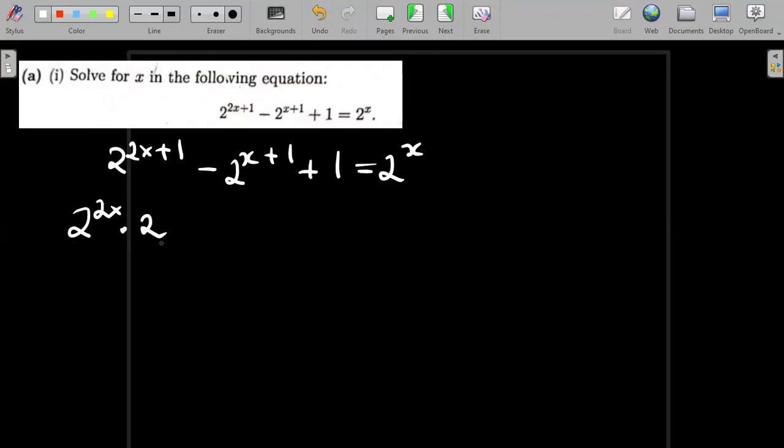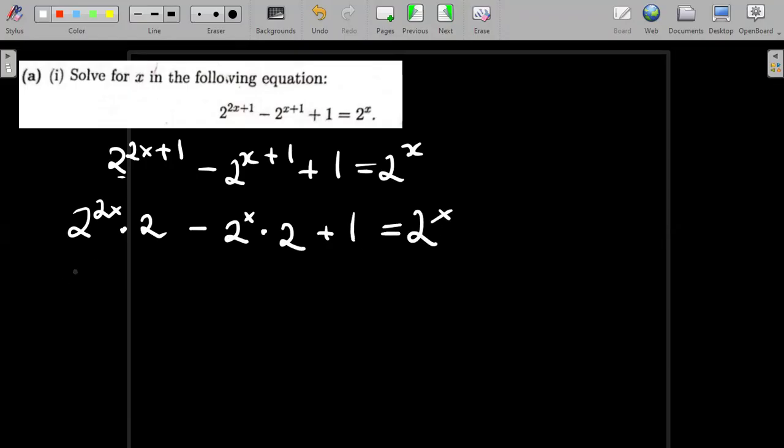Since they have the same base, you can keep the base and add the powers. So when we keep 2, we have 2x plus 1, which still gives us the same thing. We can do the same with the other one, which we have 2^x, then that multiplies with 2, then we have plus 1, then 2^x there.